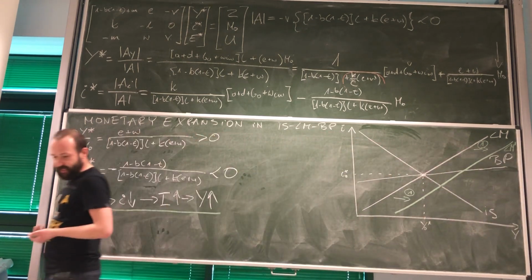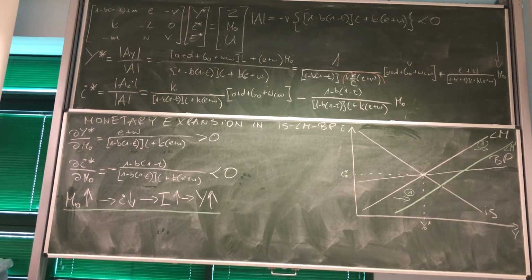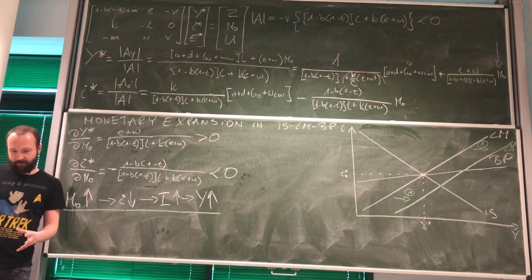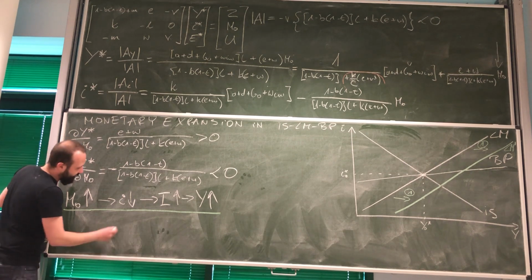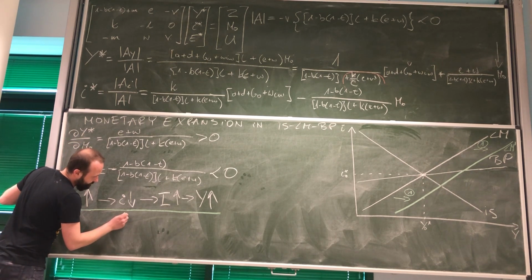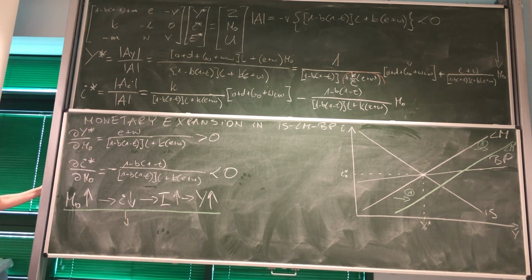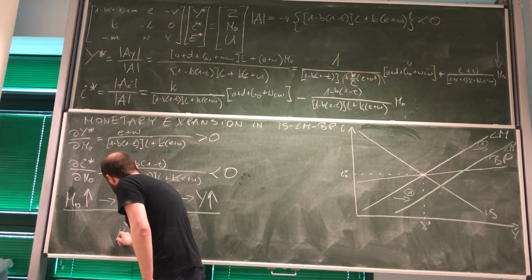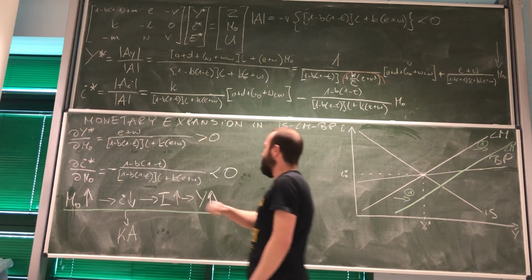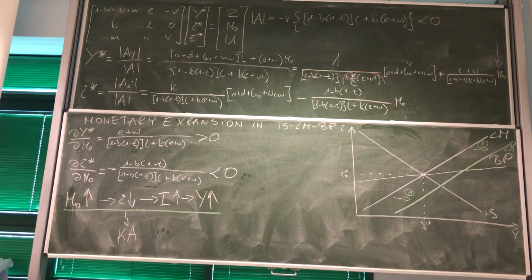However, in open economy, this is not the end. We've got a second part to this story. And let me demonstrate what do I mean by that. Look, if our interest rate goes down, what is going to happen to capital account?